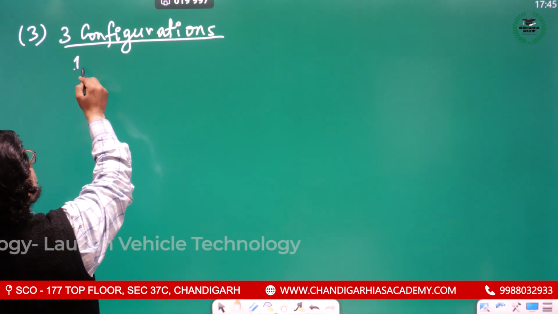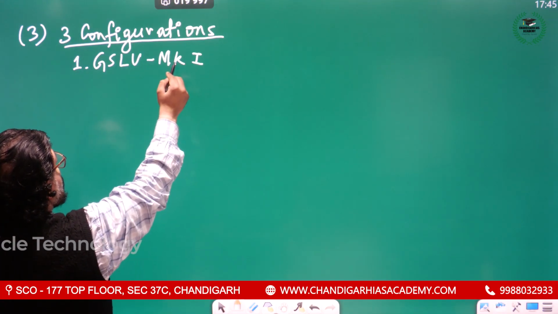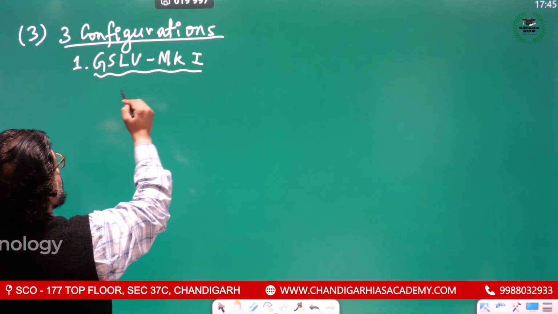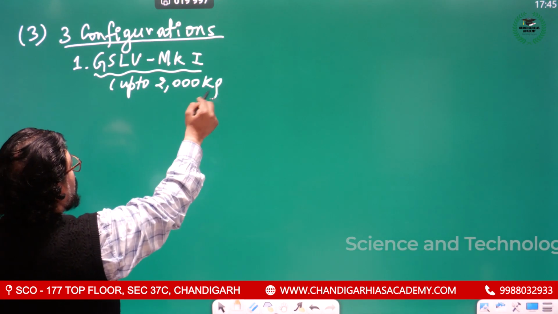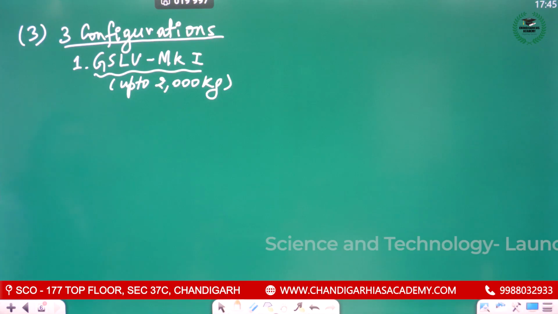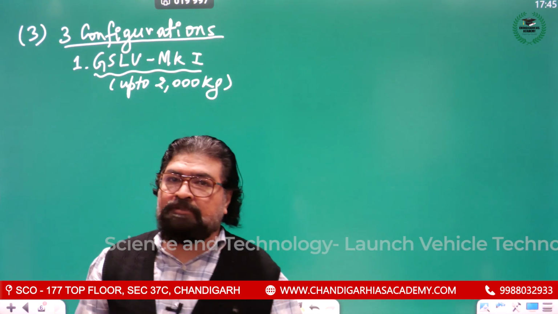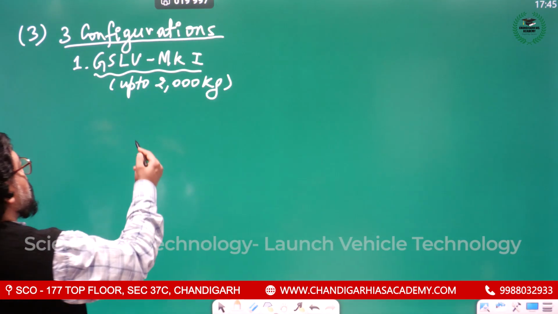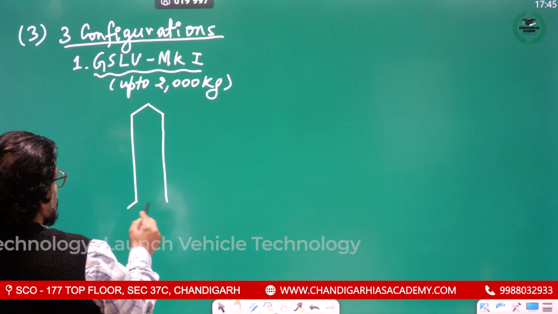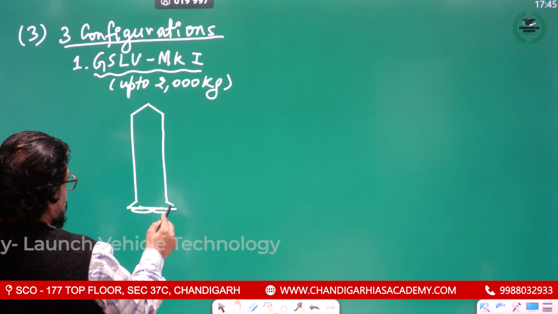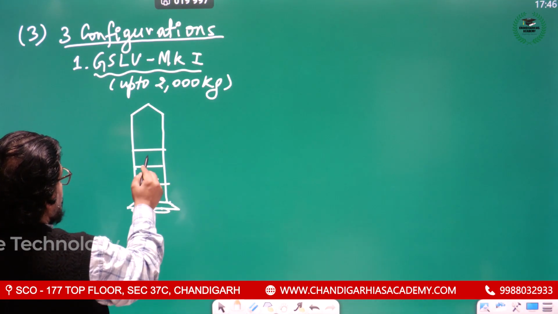So first comes GSLV Mk1, here up to 2,000 kilogram. But now we have replaced it, because if you have to launch up to 2,000 kilogram, we can prefer PSLV-XL. Cost will also be less here. Now this is just a simple design: solid, liquid, cryogenic.